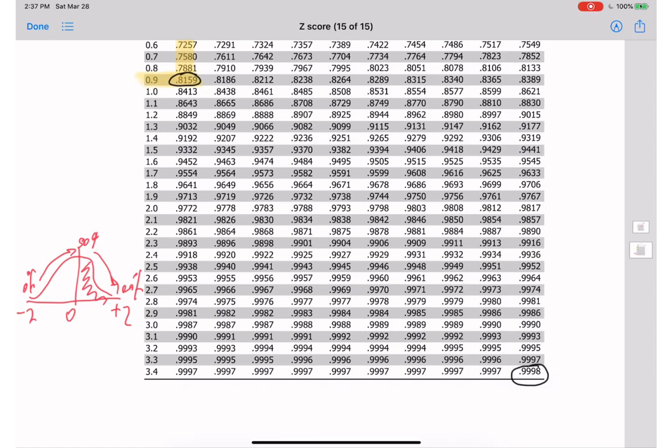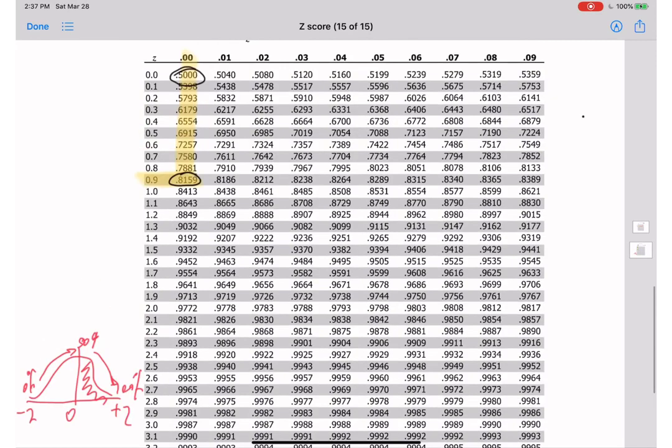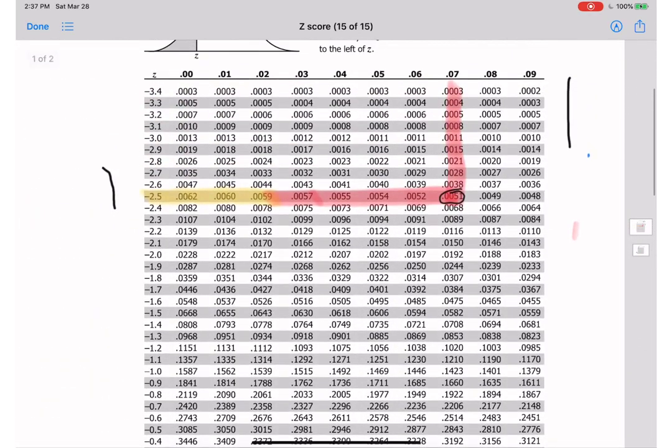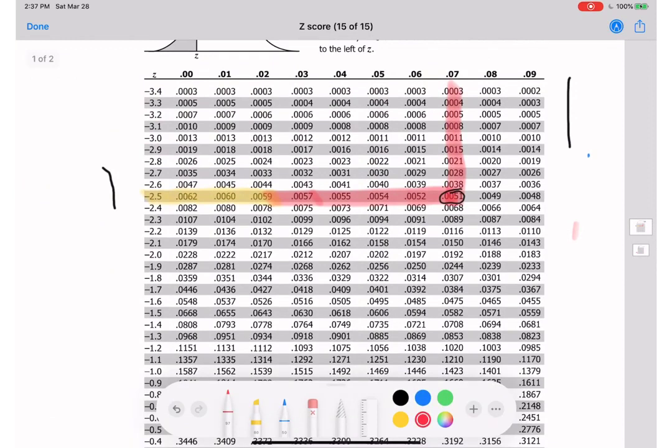Now we are doing a smooth transfer to today's topic. What we're going to learn today is a backwards operation. What does that mean?